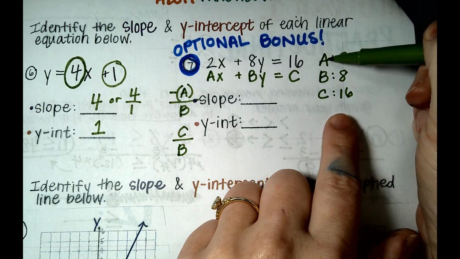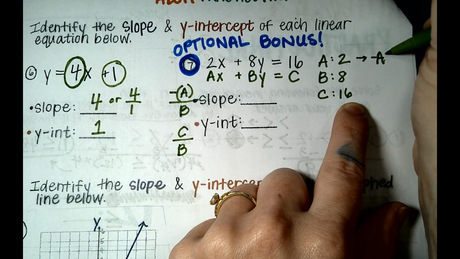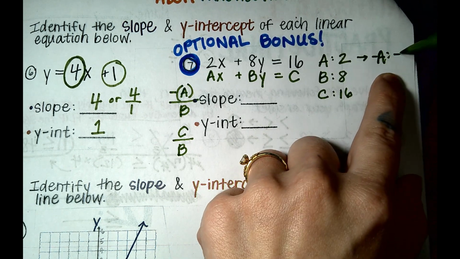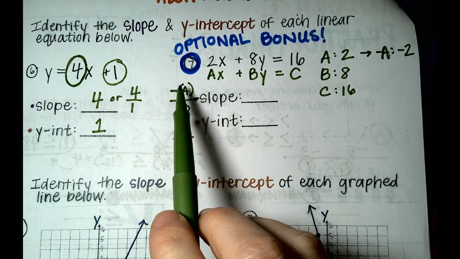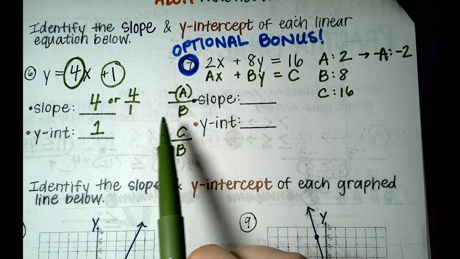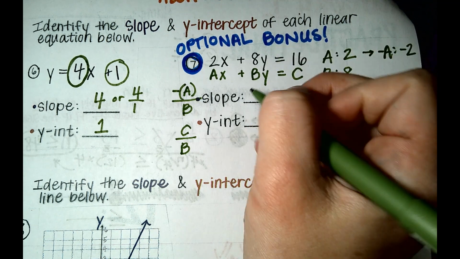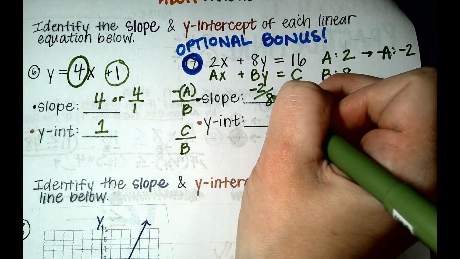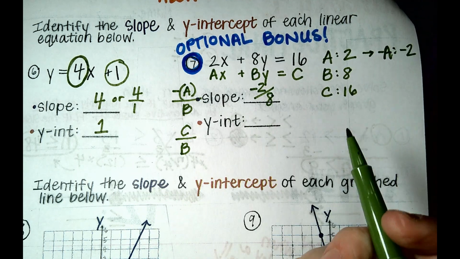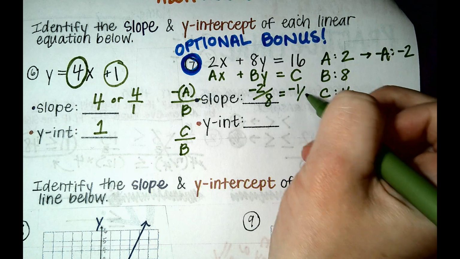So if a is 2, what is negative a? Negative 2. Good. So for slope, I need negative a over b. B is 8, yes. So negative 2 over 8. That would be your slope. You could also simplify that to negative 1 over 4.